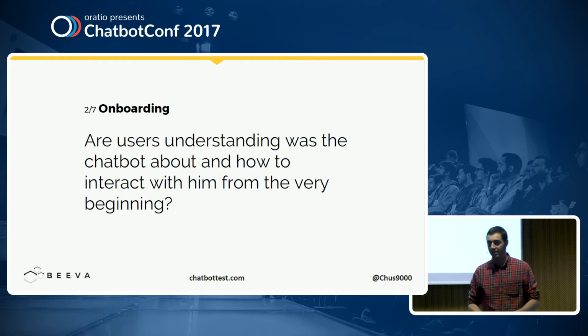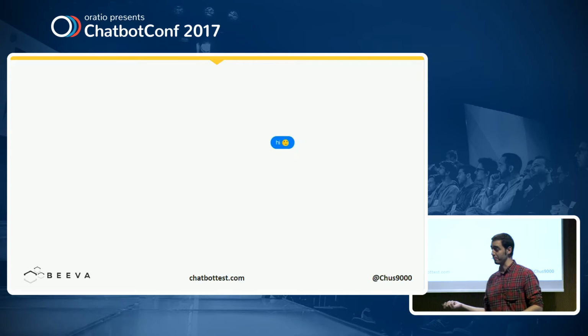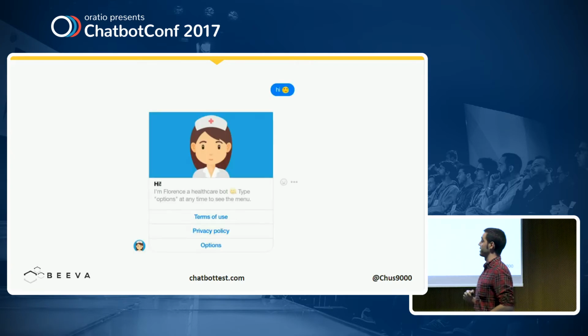About onboarding: do users understand from the very beginning how to interact with the chatbot? Which is quite important. Examples here. I say hi to a chatbot, and she answers me inside of a car: "I'm Florence, a healthcare bot. Type options at any time to see them." We could say she's kind of explaining the scope, but I'm not really sure what I can ask her.